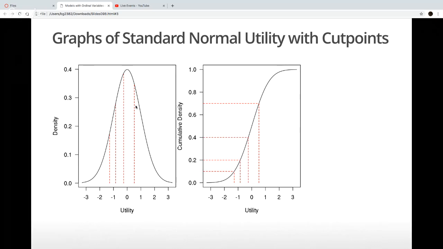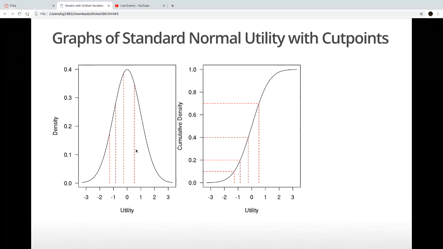But when we go to model these things, we're often going to have 1 or more predictors, and that can shift the individual person's utility or expectation of utility around in this distribution. So this now refers to the errors. And we can estimate the effects of coefficients. We can do nonlinear stuff, all kinds of things.